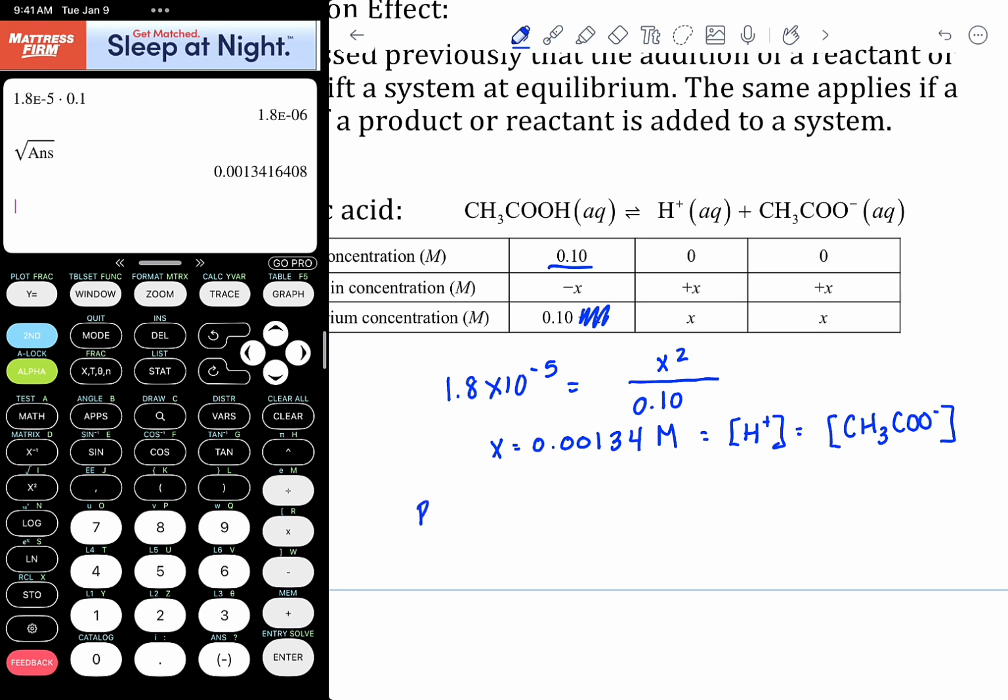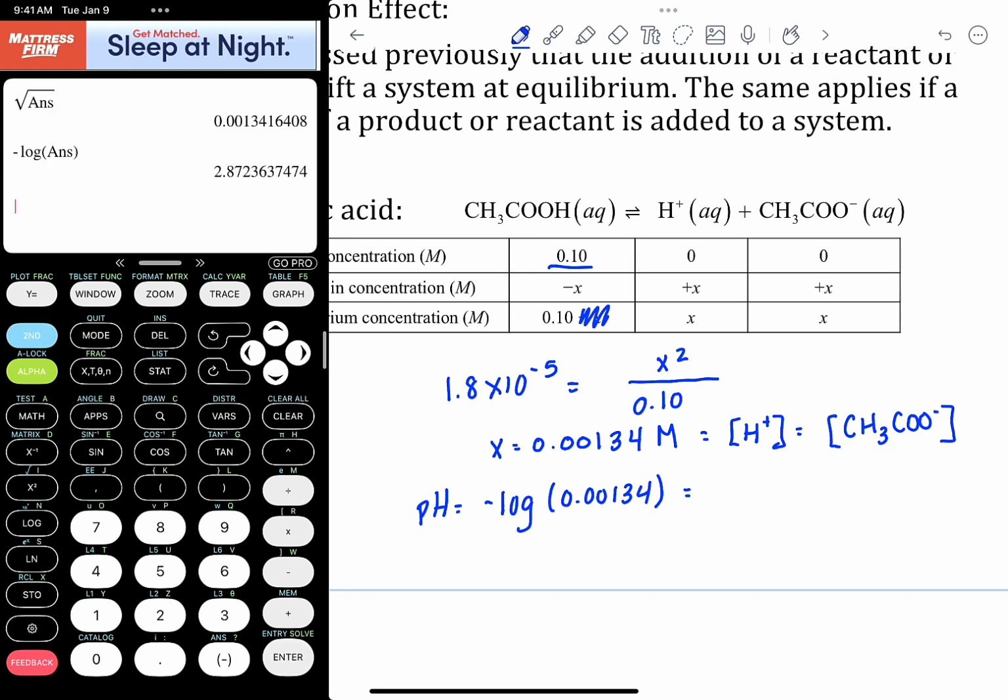So we know that pH is going to be negative log of that H plus concentration. And we get the pH of 2.87. So acetic acid is a weak acid, and at equilibrium it has a pH of 2.87.